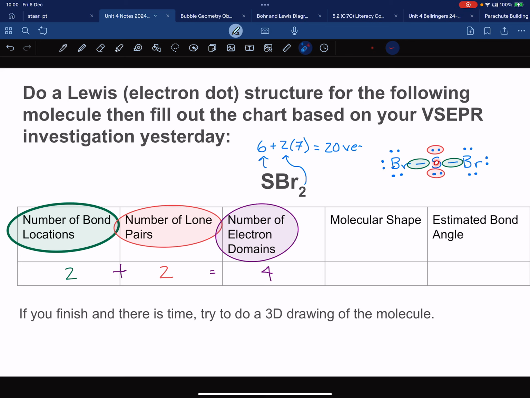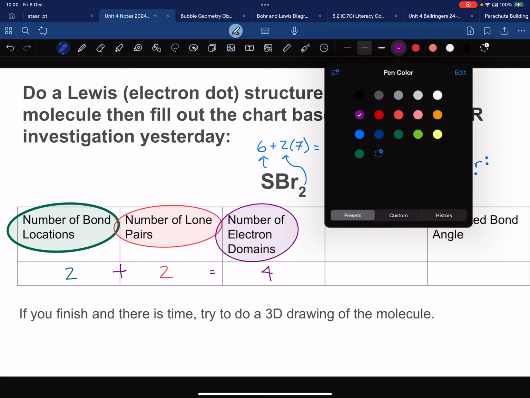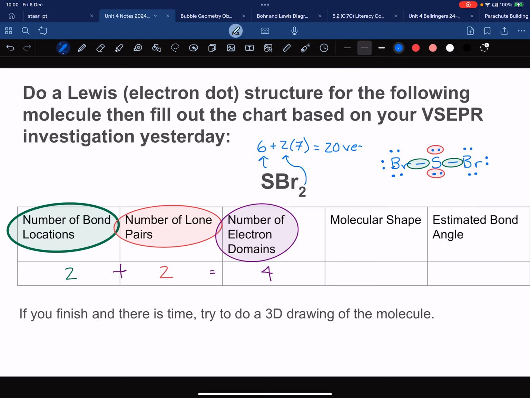So this is the central atom. It's got 2 bonds. It's got 2 lone pairs. That is 4 electron domains. Now, 4 electron domains gives me an electron shape of tetrahedral.